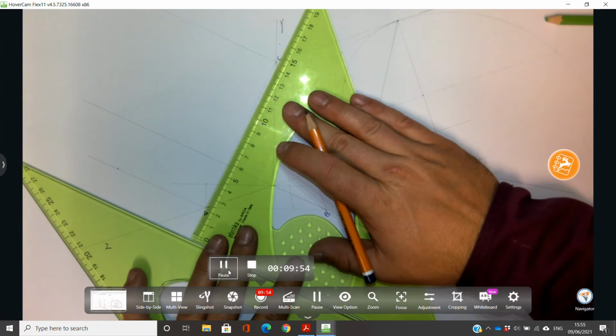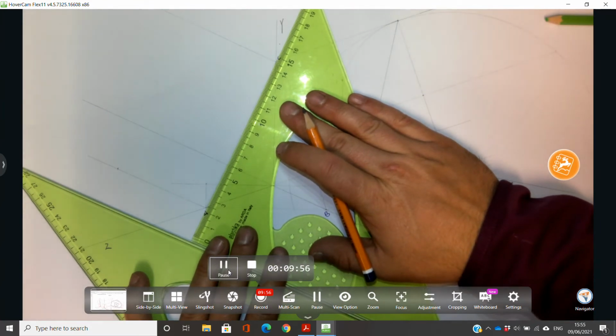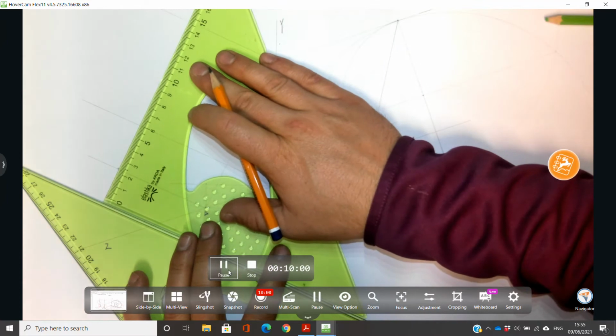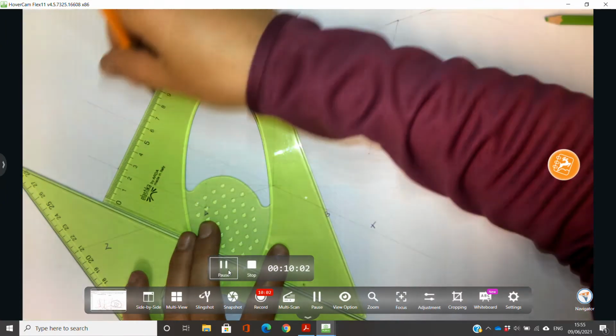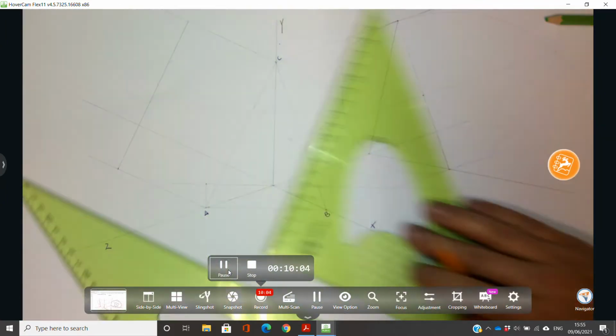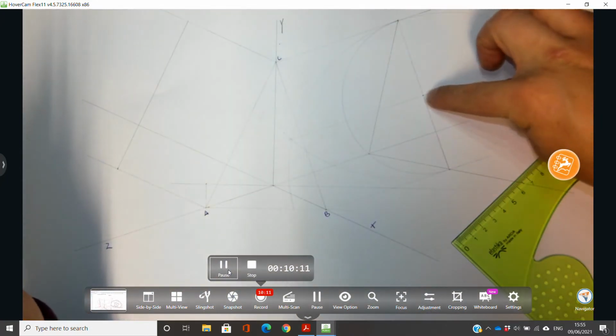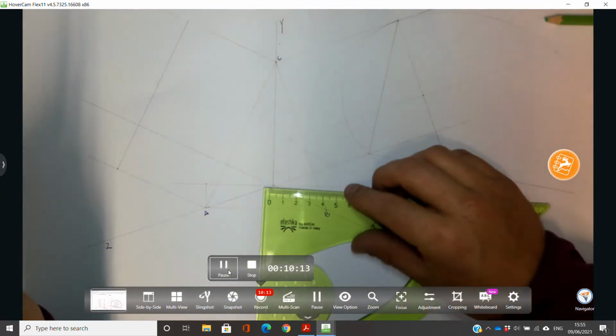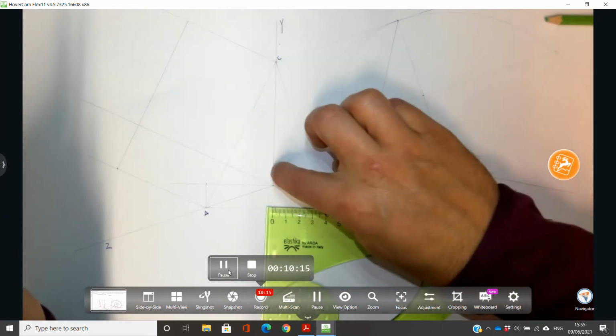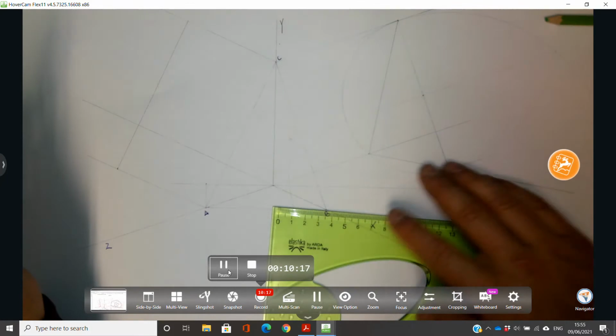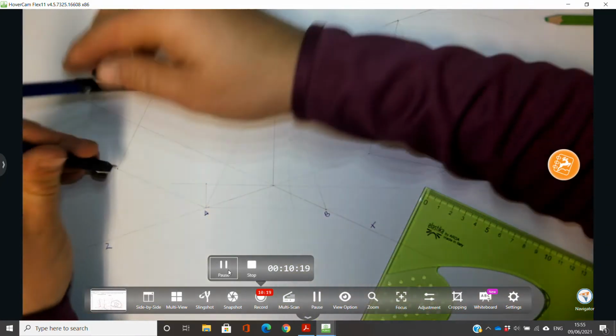And then we're going perpendicular to the x-axis. We're going to bisect this line. You cannot bring that across, as that is the distance between it. This is a scalene triangle, so it's not isosceles.